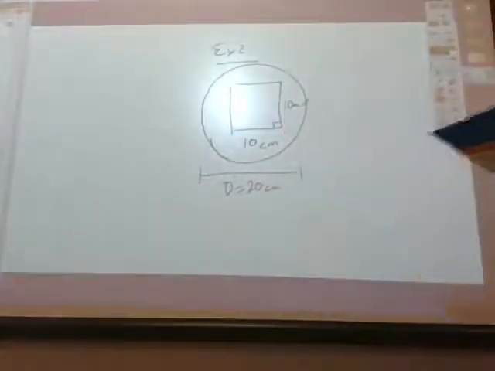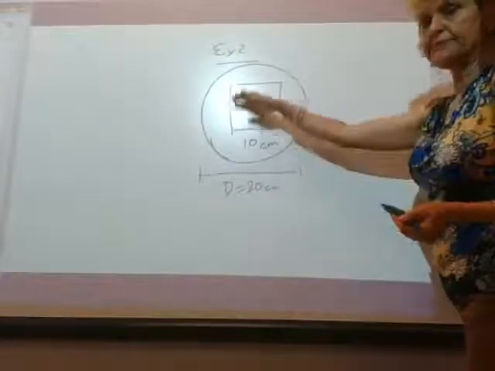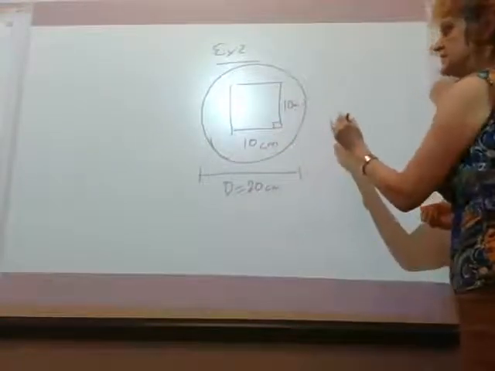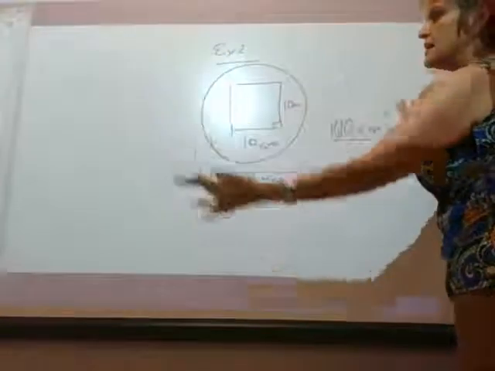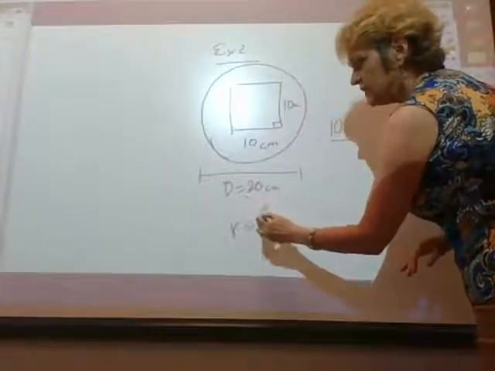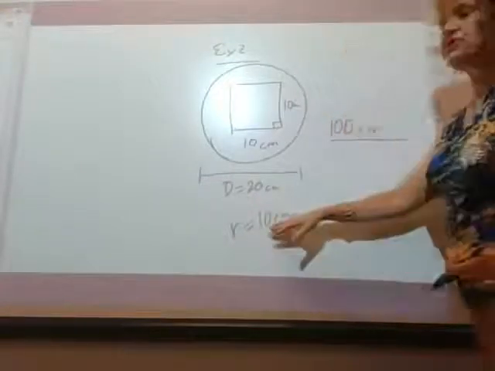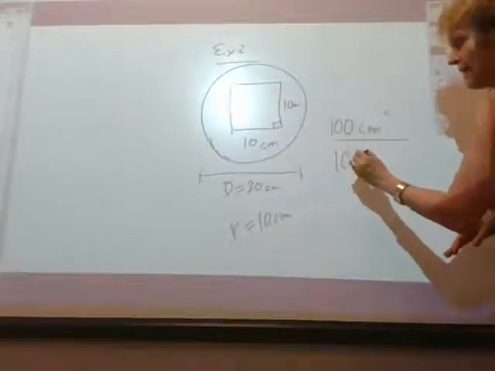All right, so let's get the area of the square. Okay, so 10 by 10 is 100 centimeters squared. The area of the whole circle, okay, if the diameter is 20, the radius would be 10. So 10 squared would be 100 pi, right?